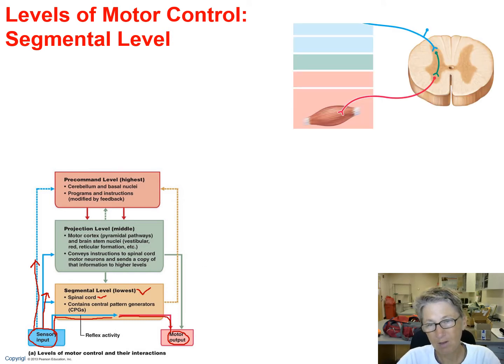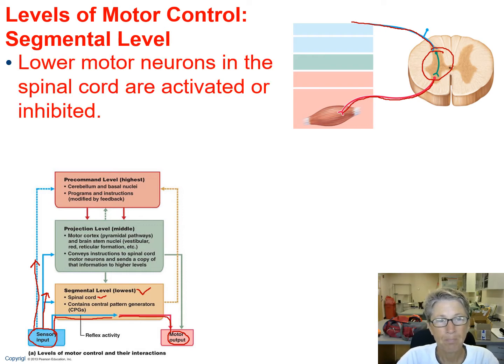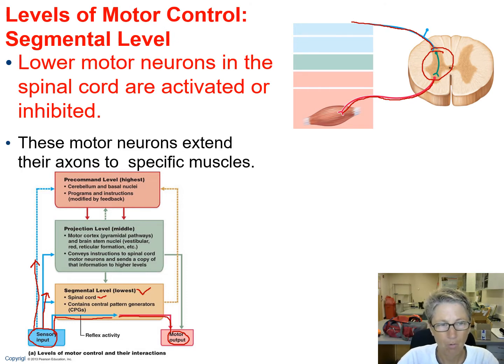So reflex activity is nicely illustrated in this cartoon. Here's our blue sensory afferent neuron going into the spinal cord, synapsing with an interneuron, and then information about the reflex goes out to the skeletal muscle. And this is all happening at the segmental level of motor control.